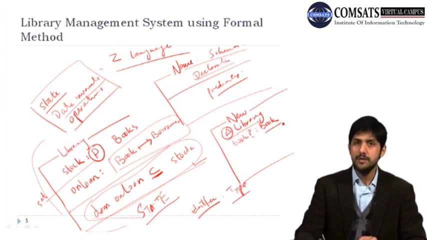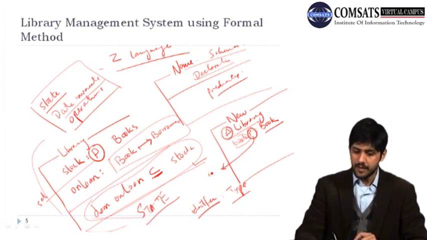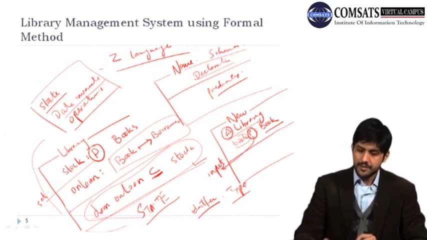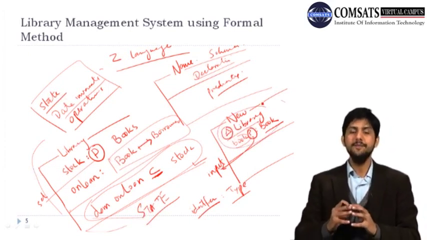So the type here is book of this input variable, and this is the identifier which is used. And this question mark shows that this is an input. So here is the declaration portion of this operation, and now we are going to write the predicates.